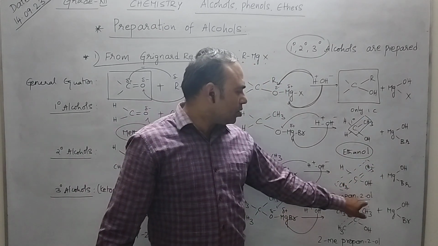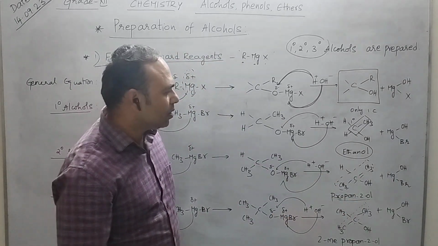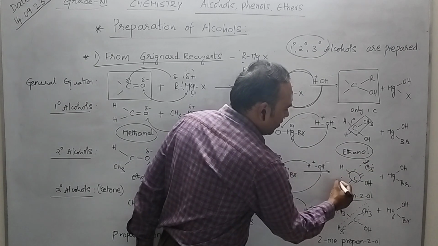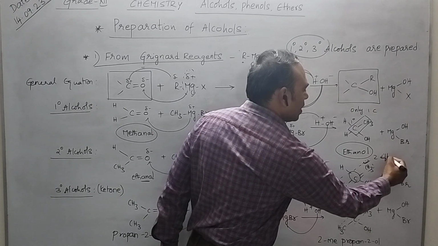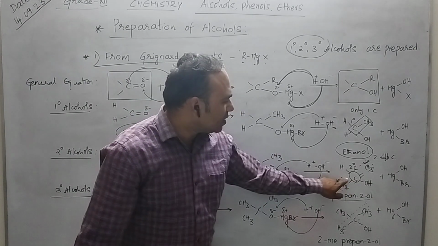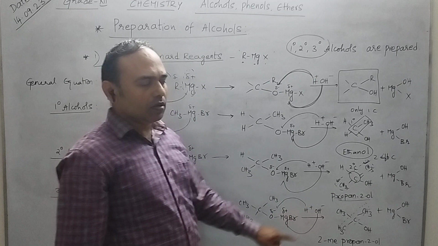Second position alcohol, so 2-ol. How do you call this a secondary alcohol? You observe this carbon, it is connected with two different carbons. So you have two different carbons, hence you call this carbon a secondary carbon. Because the alcohol is connected with a secondary carbon, this comes under secondary alcohol.